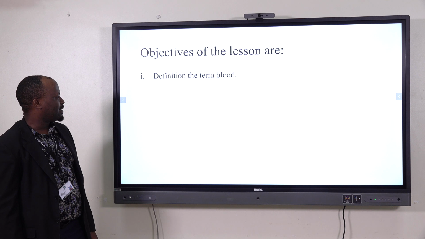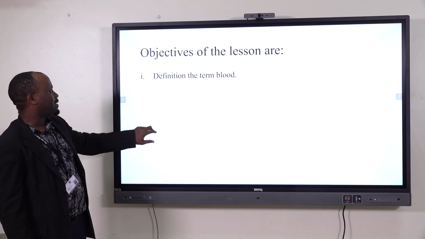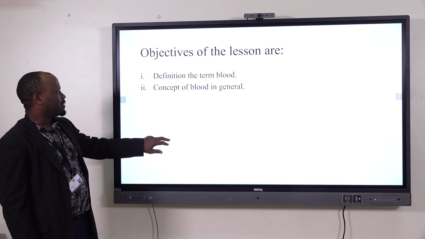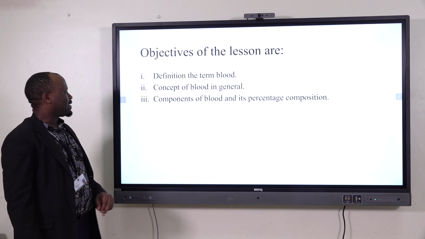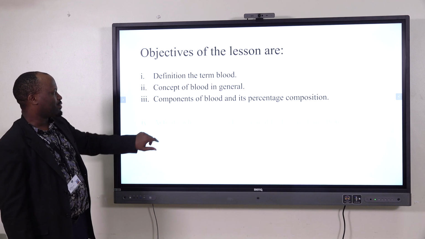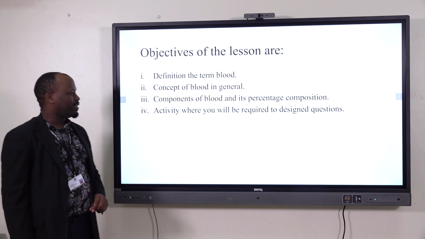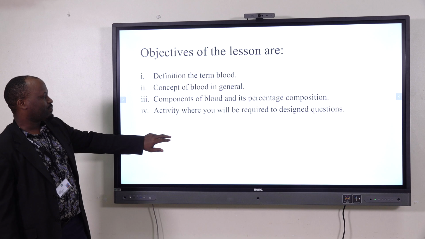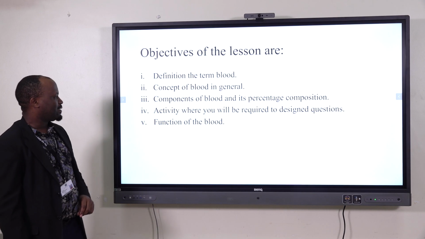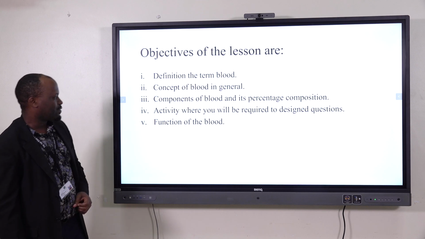Objective number one, in this lesson, I'm expecting you to be able to define the term blood, to understand the concept of blood in general, to mention the components of blood and its percentage composition in the system. There will be an activity where you will be required to respond to designed questions. Lastly, we'll talk about the functions of the blood.